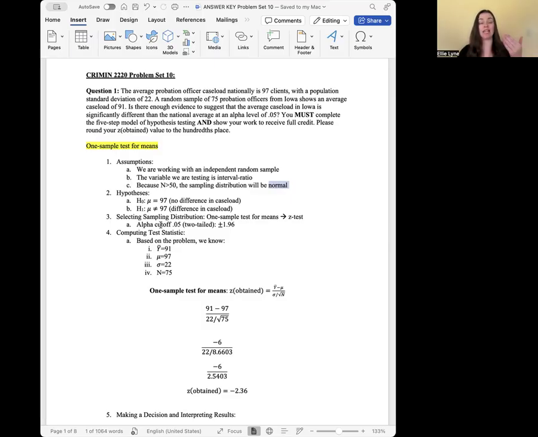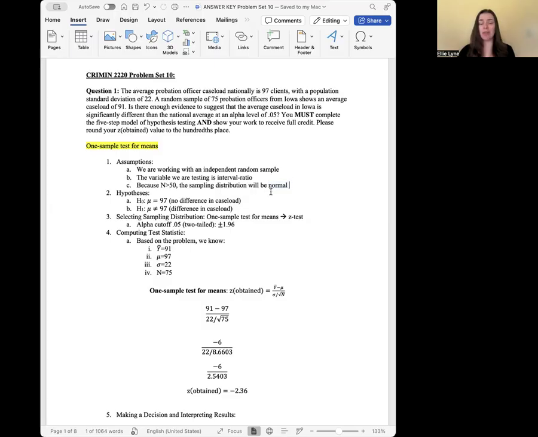It's because n exceeds 50 that the sampling distribution will be normal. Both of those components have to be present for us to check this one off. If you just say that the sample size exceeds 50, that doesn't actually satisfy this assumption. And so please make sure that both of these elements are listed.